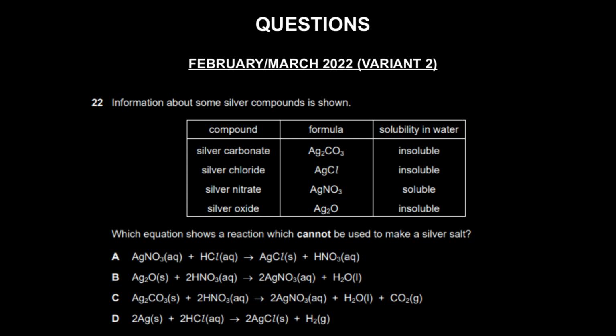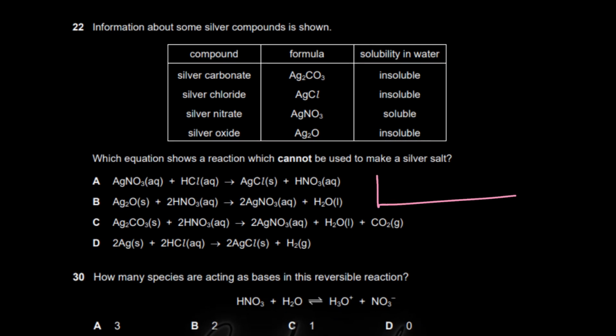If you look at option A, it's pretty evident that it's a correct way. Why? Because you're having two aqueous solutions to form silver chloride. When you add them together, you have silver nitrate aqueous, which means silver ions and nitrate ions, and hydrochloric acid, so H plus ions and chloride ions.